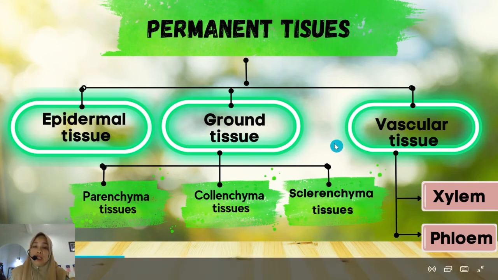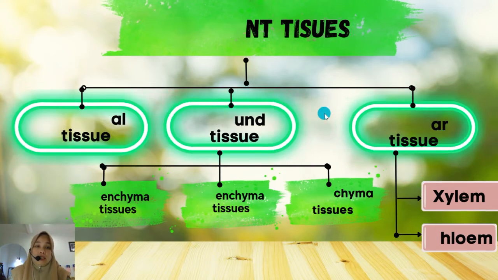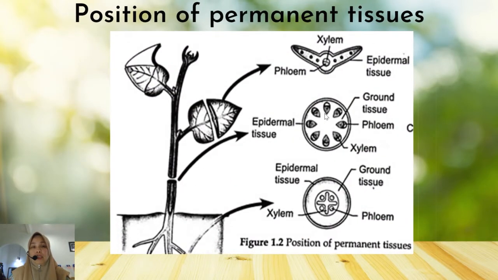Vascular tissue can be divided into xylem and phloem. Now let's go one by one. Before that, we go first to the position of permanent tissues in the plant.